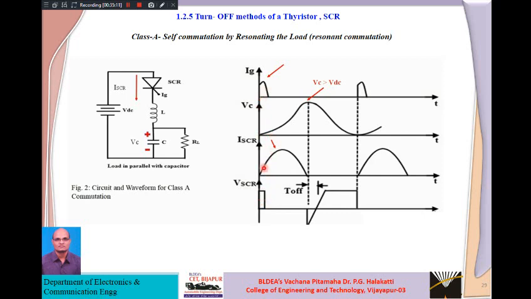Once you apply it, it will be short circuited, with no breakover voltage during this instant, only forward current flowing like this. Now here it is plus, here it is minus. Once the capacitor charges up to the peak, it will become larger than the applied voltage.